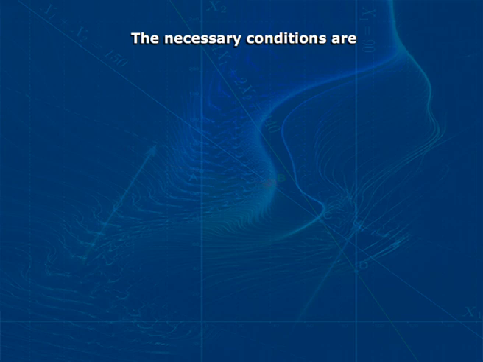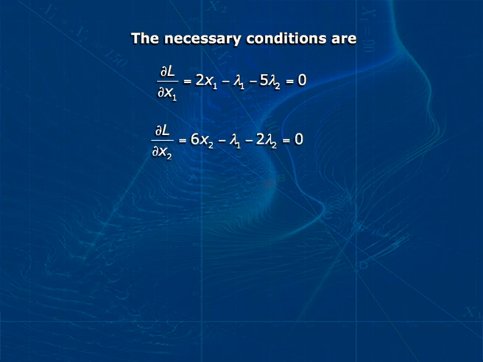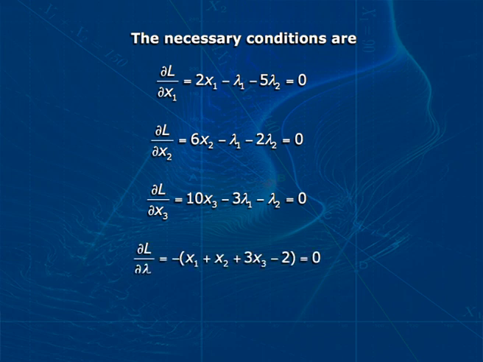The necessary conditions are ∂L/∂x1 = 2x1 − λ1 − 5λ2 = 0. ∂L/∂x2 = 6x2 − λ1 − 2λ2 = 0. ∂L/∂x3 = 10x3 − 3λ1 − λ2 = 0. ∂L/∂λ1 = −(x1 + x2 + 3x3 − 2) = 0.